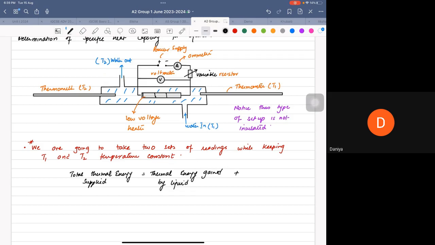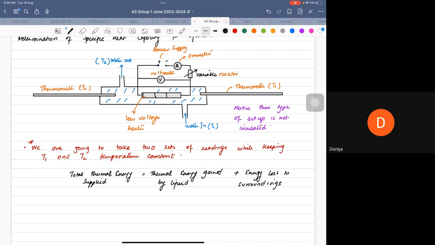On top of that, obviously, not all the thermal energy is transferred to the liquid. We also have energy lost to the surroundings because it cannot be completely insulated. That's something we need to keep in mind.